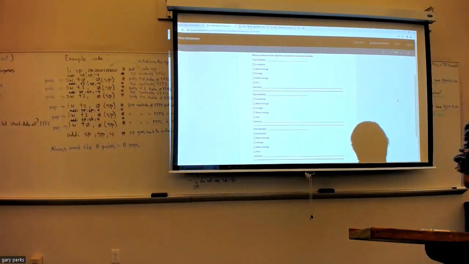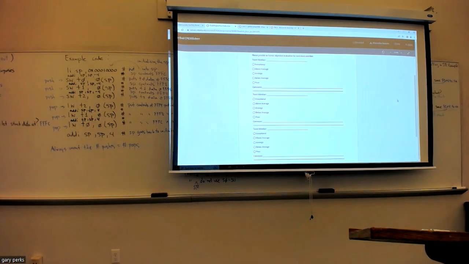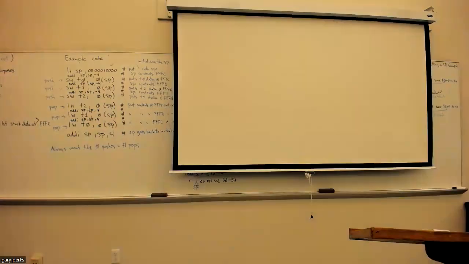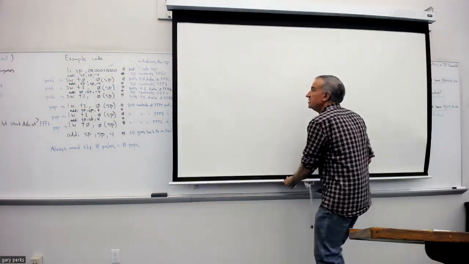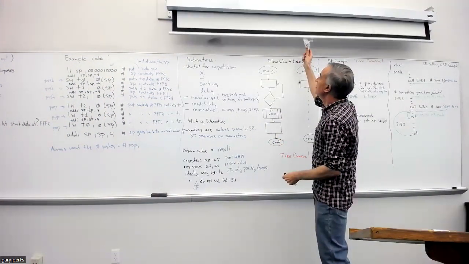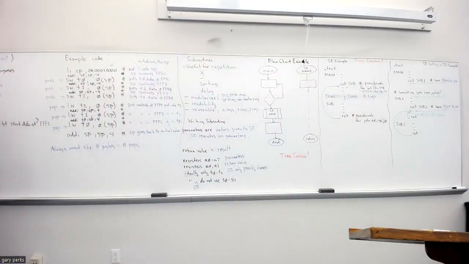All right, so let me turn this on. I know you're dying to get your midterms, but we can hand them back to you. Okay, let me explain what you're going to see on the midterm. When you get it back, if you see a green circle, that means it was correct, and it's a +1.